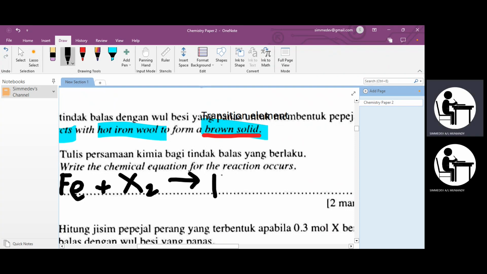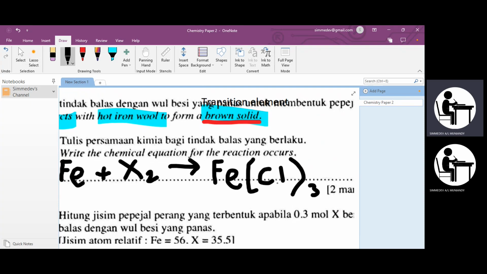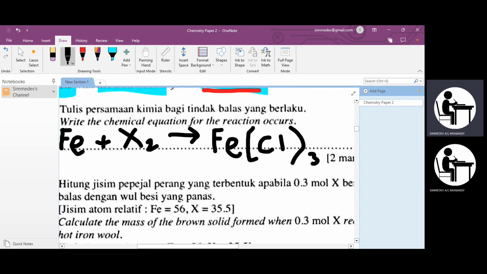FeCl3. Pardon this bad handwriting. Anyway, oh, I forgot.